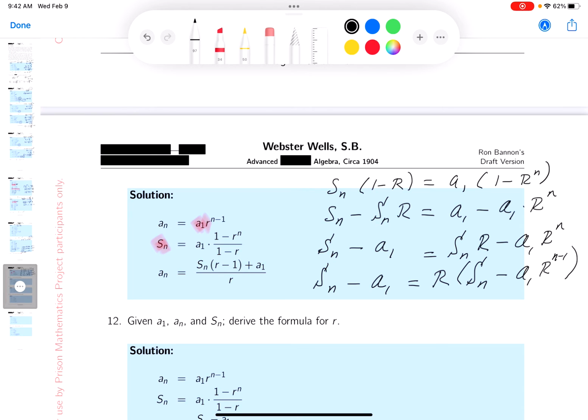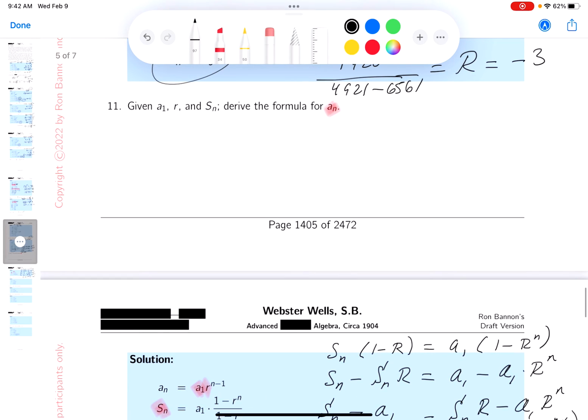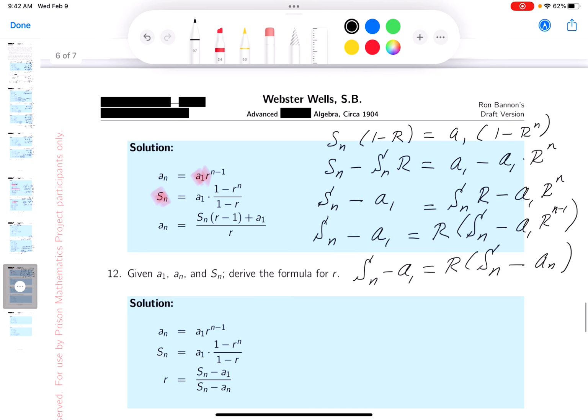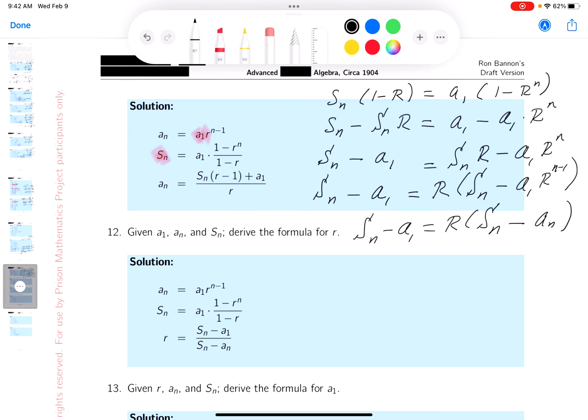Well, I'm seeing something now. Sn minus A1 equals R times Sn minus, well, A1 R to the n minus 1 is just An. And what did they ask me to come up with? A formula for An. So I got some troubles over here, and I got to solve it now.